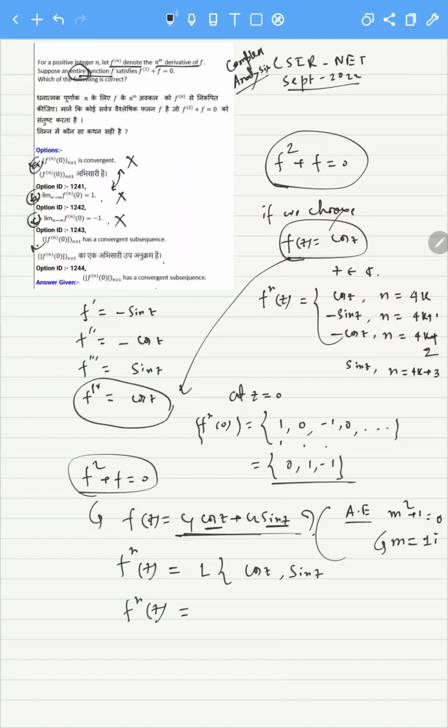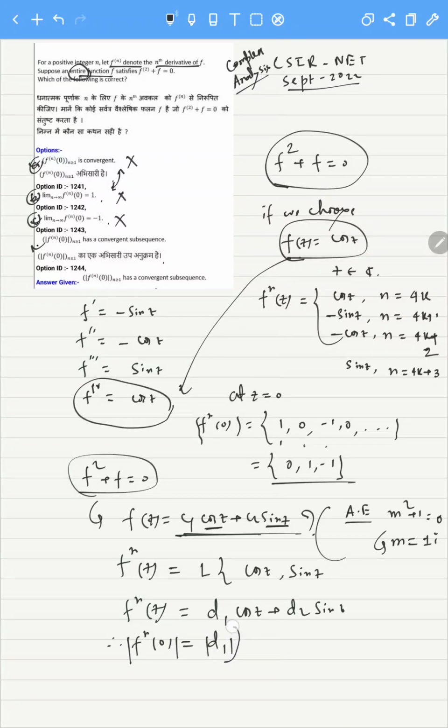So the nth derivative of f, that is f^(n)(z), is some linear combination of cos z and sin z. So let's say it is d1 cos z plus d2 sin z. Therefore f^(n)(0) is nothing but d1. So what will be its modulus?